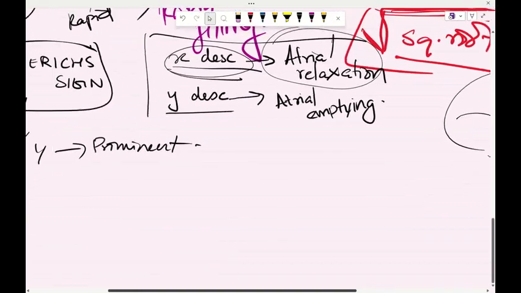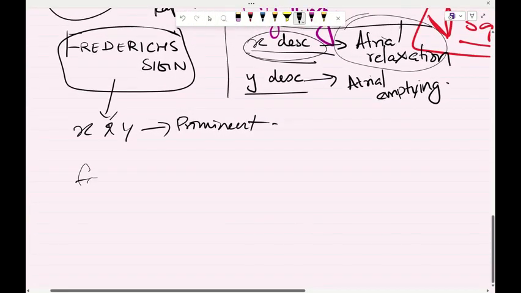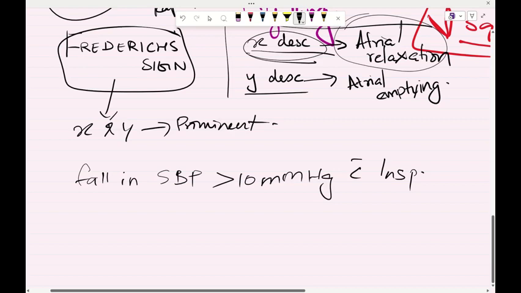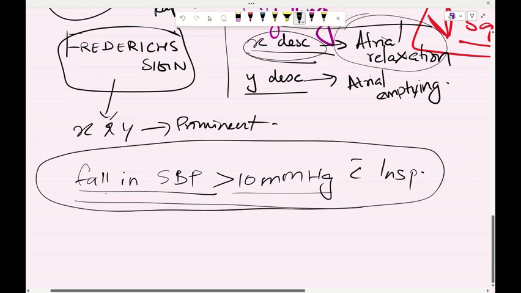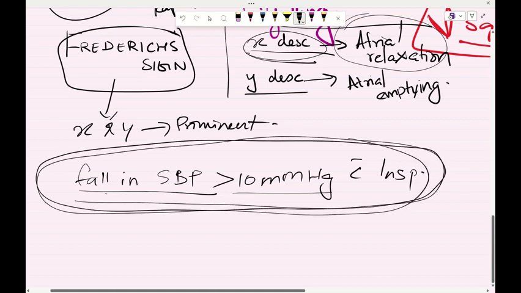Do you get pulsus paradoxus here? Pulsus paradoxus is a fall in systolic BP of more than 10 mmHg with inspiration. Normally with inspiration there is a fall in SBP, but it is not more than 10 mmHg. It is like 5 to 6, but it never goes beyond 10. But when there is a fall in SBP of more than 10 mmHg with inspiration, we call that pulsus paradoxus.